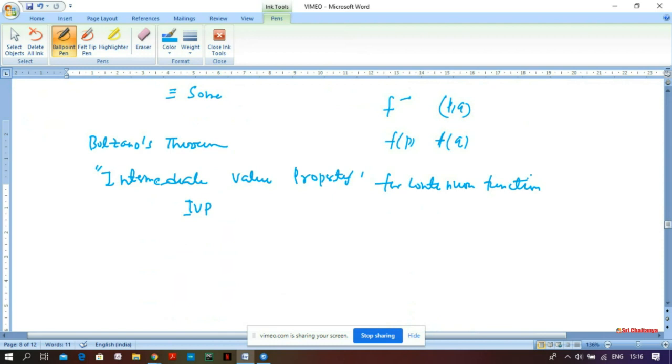We are saying that there is a theorem called Bolzano's theorem, and it applies to continuous functions and the intermediate value property.